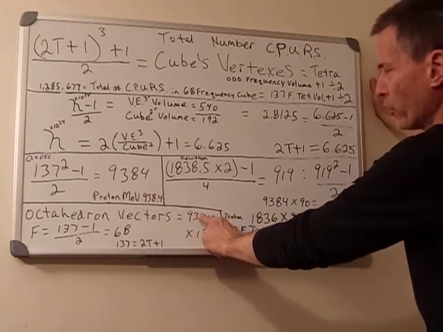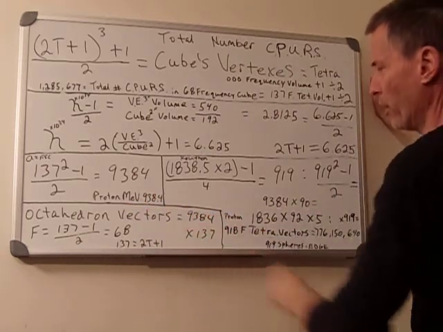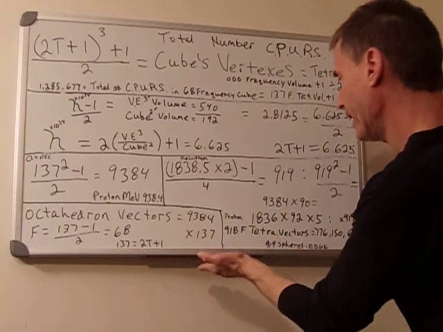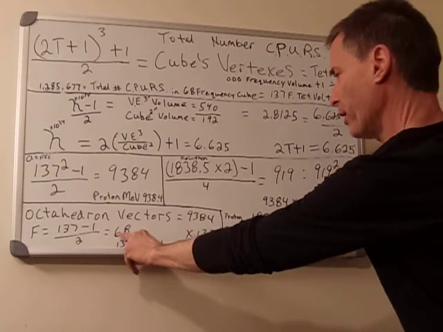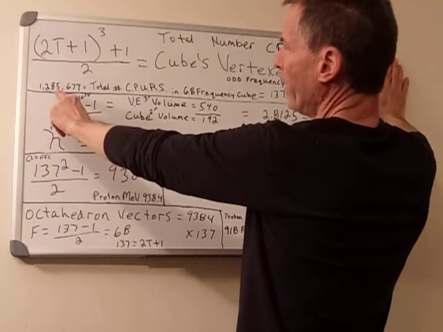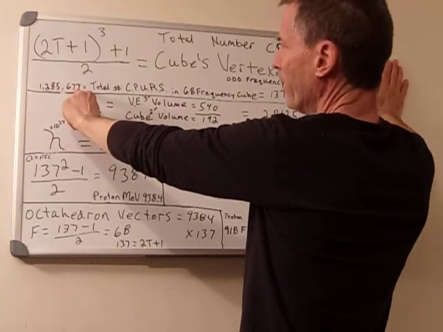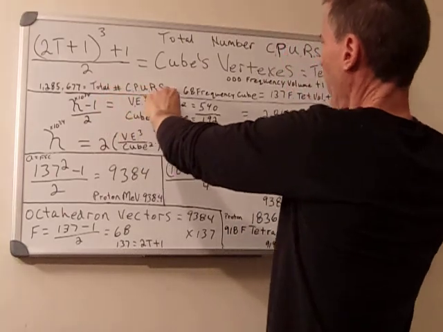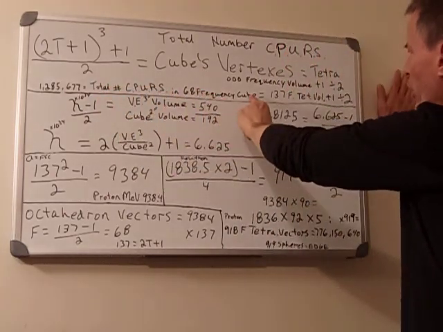So if we take 9,384 times 137 and add 69 to it, which is frequency plus 1, we obtain 1,285,677, which is the total number of closest packed unit radius spheres in the 68 frequency cube.